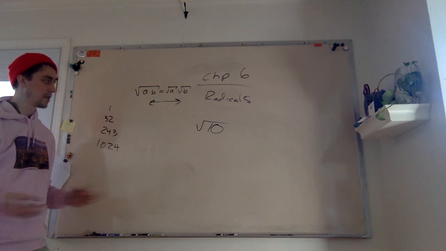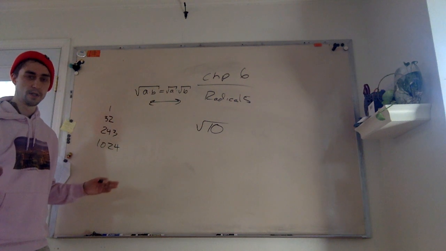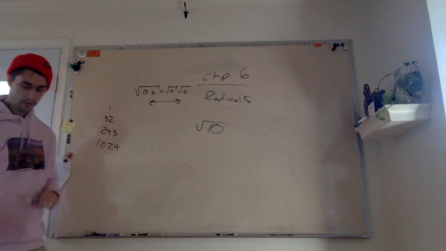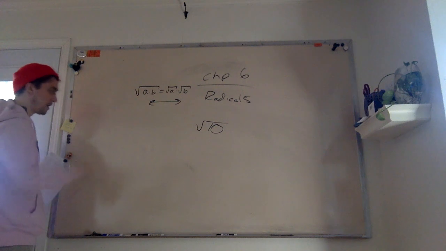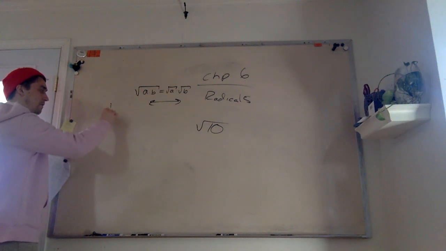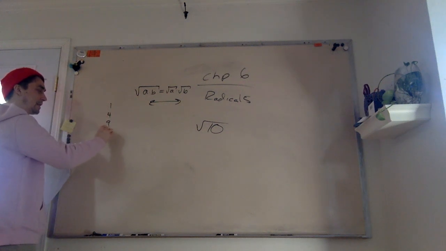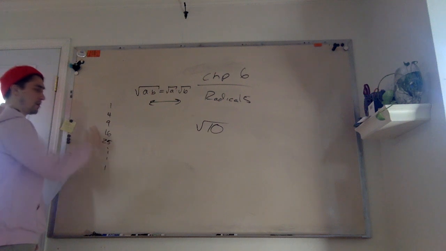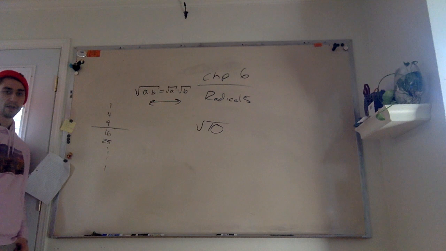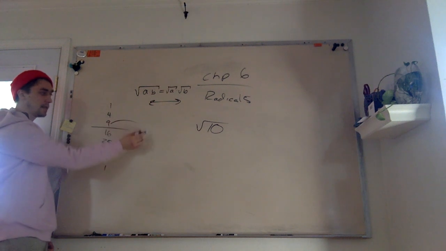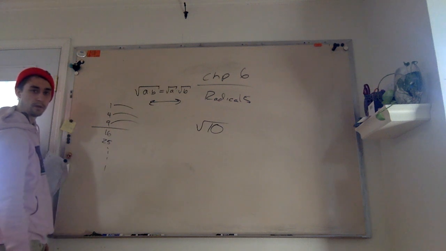So what we're talking about is to find two numbers that multiply to 10, where one of those numbers is a perfect square. So the perfect squares are 1, 4, 9, 16, 25, and so on. But you don't have to go any further than this because those numbers are bigger than 10. 9 does not go into 10, 4 does not go into 10, and 1 isn't helpful.